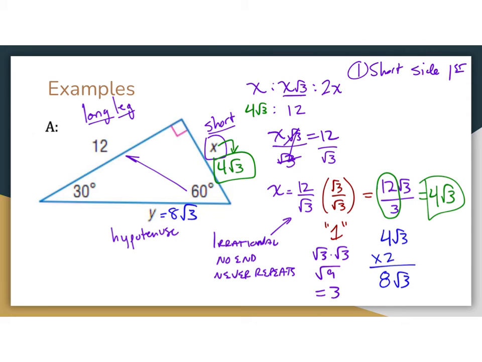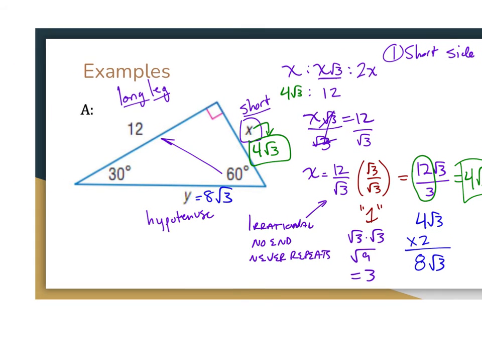But Mr. Heeren, something is wrong here. This leg is bigger than the hypotenuse, and the hypotenuse has always got to be the biggest side. That's what you told us way back in unit 3. What you are saying is correct, but realize this is the quantity 12. This is 8 times square root of 3.